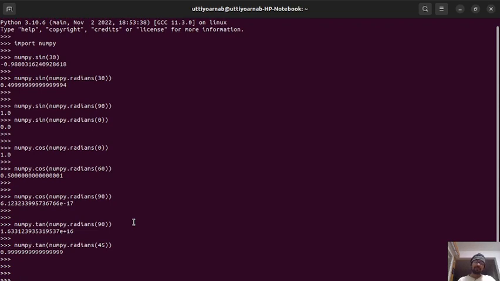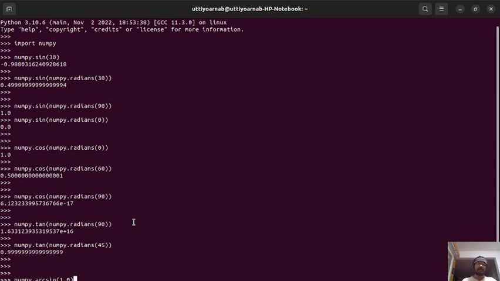So how to calculate the inverse trigonometric functions? We write numpy.arcsin. For sine inverse, say we want to calculate sine inverse 1, we give 1.0.